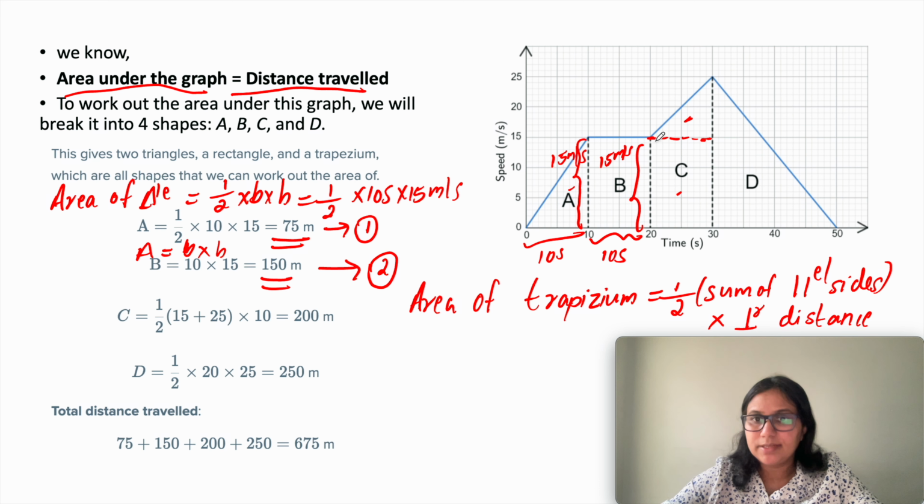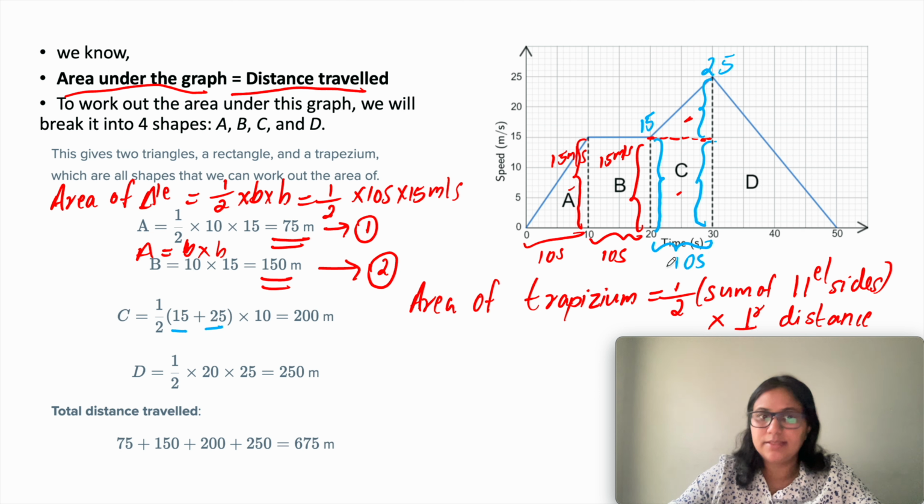This side which is 15 meter per second and this side which is 25. So 15 plus 25, into the perpendicular distance. What is the perpendicular to these parallel lines? This one, 10 seconds.